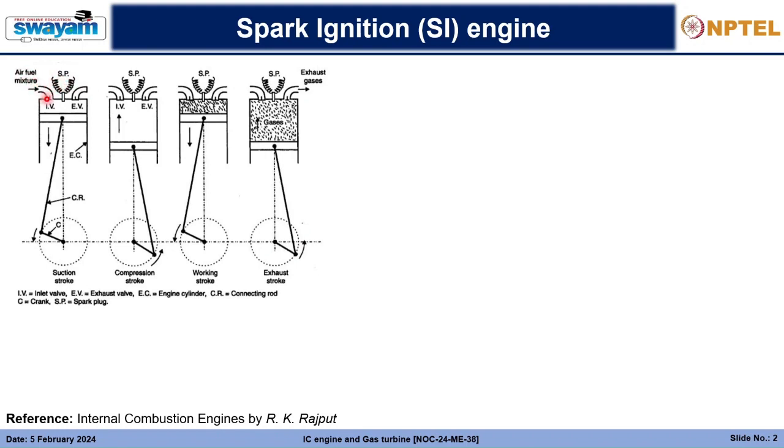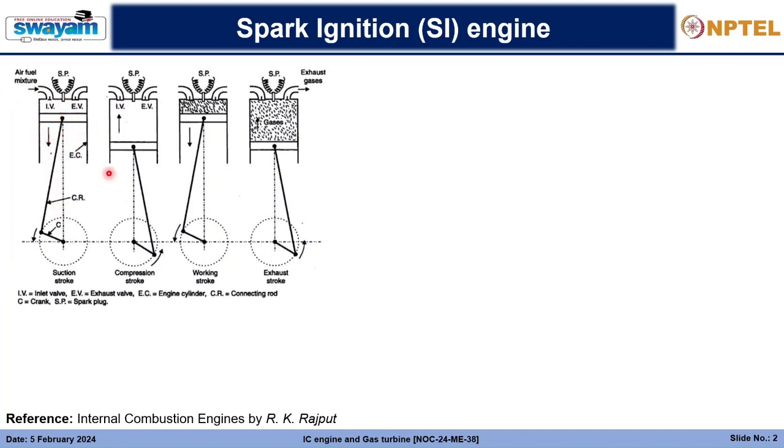The air fuel mixture enters, and the first stroke is the suction stroke. As the air fuel mixture enters, the piston moves down and creates a pressure lower than the ambient pressure, and due to this low pressure, the charge, which is the air fuel mixture from the carburetor, moves inside and occupies the volume inside the cylinder.